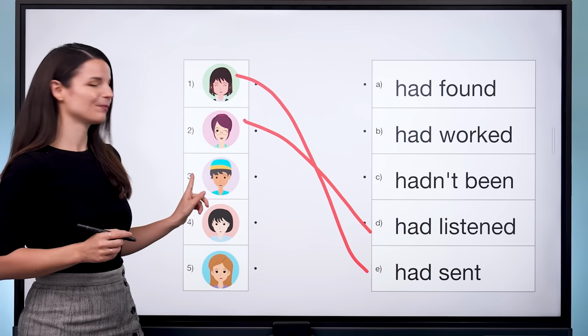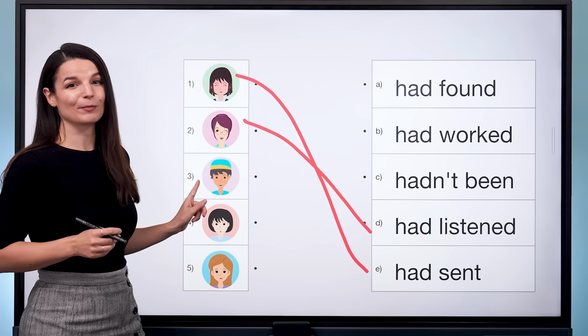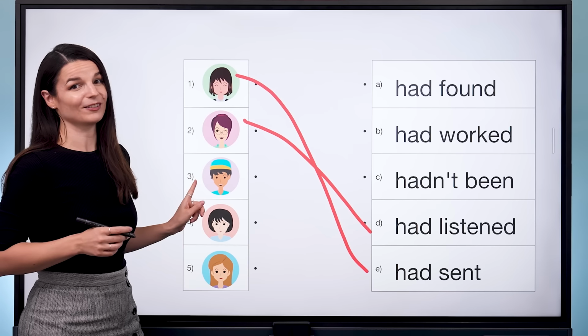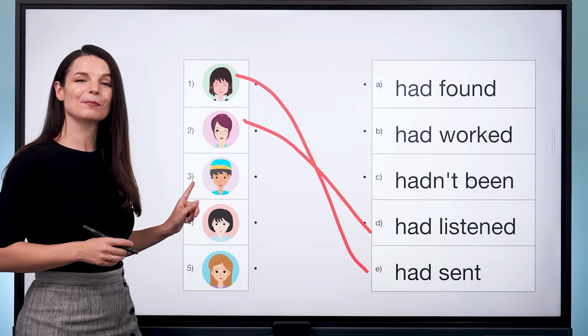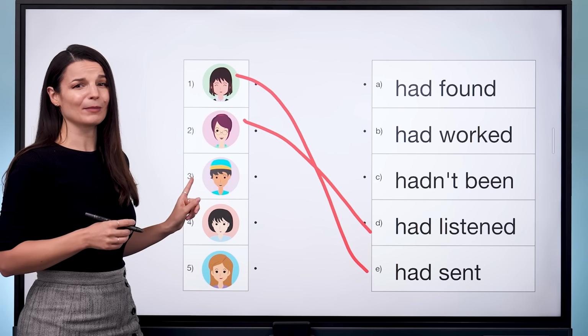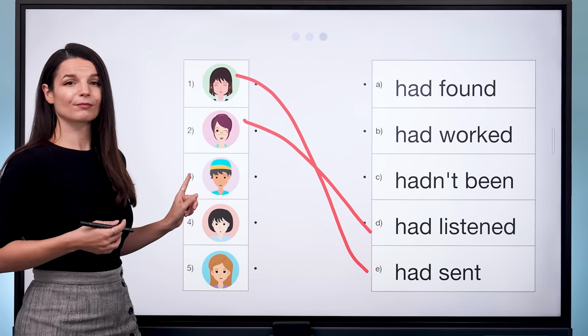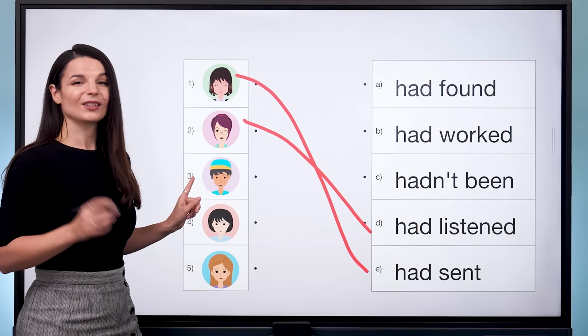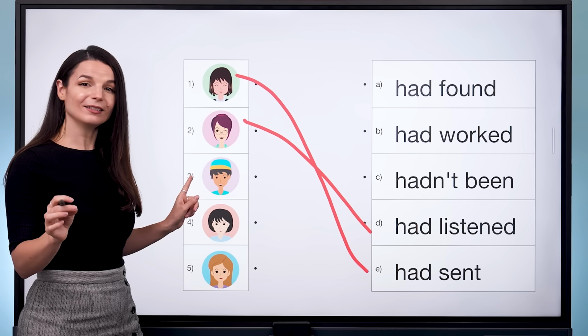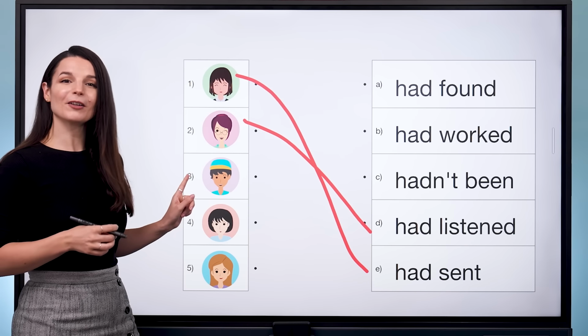Next. If I hadn't been late to the meeting, I would know what is going on. One more time. If I hadn't been late to the meeting, I would know what is going on. Did you hear hadn't been? Hadn't been is the past perfect verb.